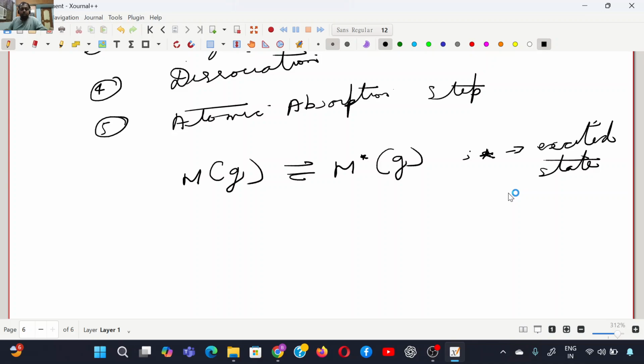So we already talked about the types of flames, right? Turbulent flow burner as well as the premix burner. The turbulent flow burner is just the total consumption burner or the direct injection burner.